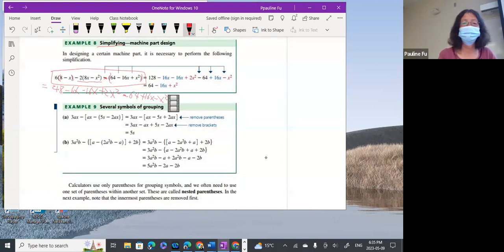Okay. And now you collect like terms. So constant is 48. Then negative 64. So 48 minus 64 is what?